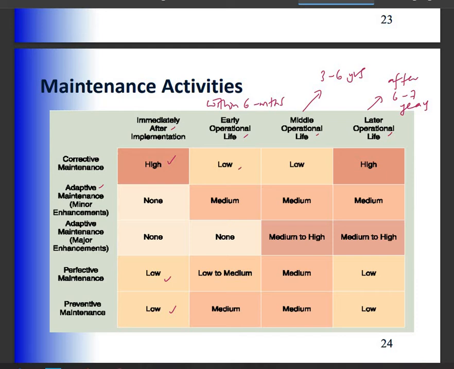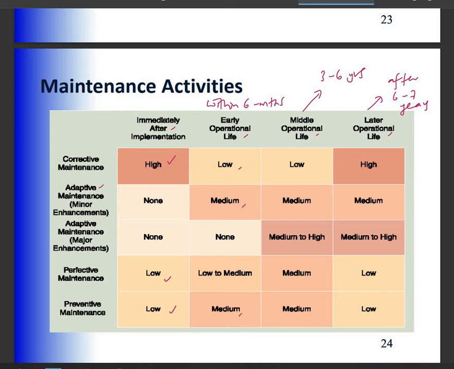Corrective dah jadi low. Apa yang medium? Medium ialah adaptive dan juga preventive. Okay. Apa yang almost none ialah adaptive untuk major enhancement. Okay. Dan awak boleh lihat dia punya apa orang kata perubahan sehinggalah kepada the later operational life.